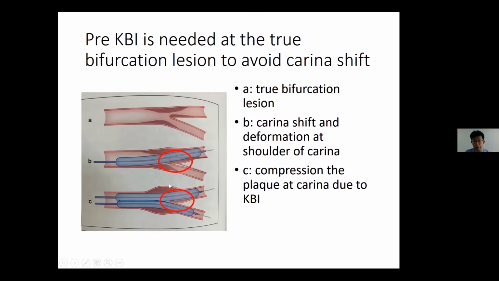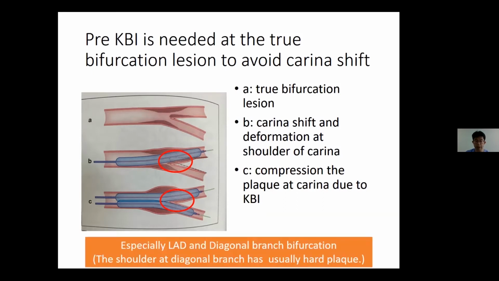In that situation, to compress the plaque at the carina, KBI is needed. Kissing balloon inflation is needed before stenting. It's very important, especially in LAD and diagonal branch bifurcations. In some cases, the shoulder at the diagonal branch usually has a plaque.